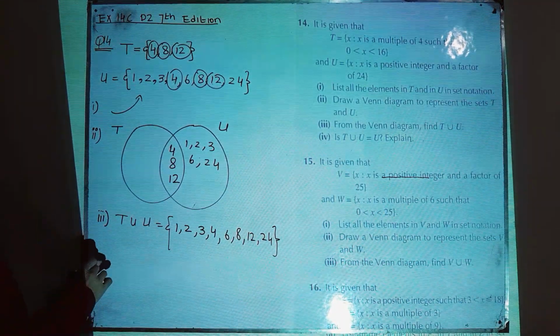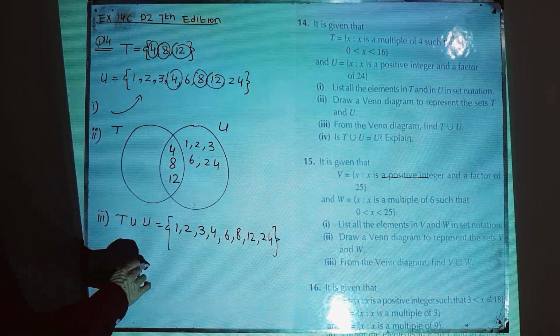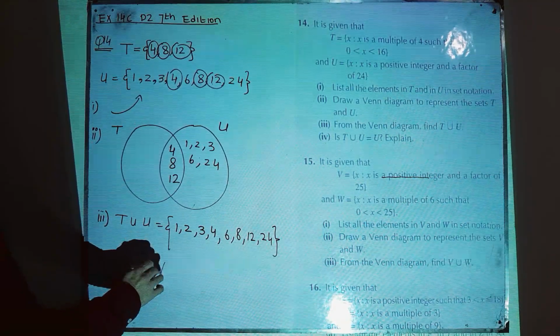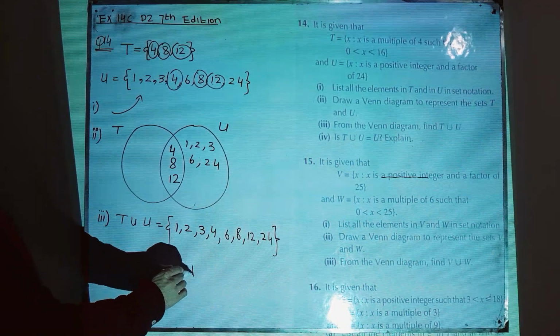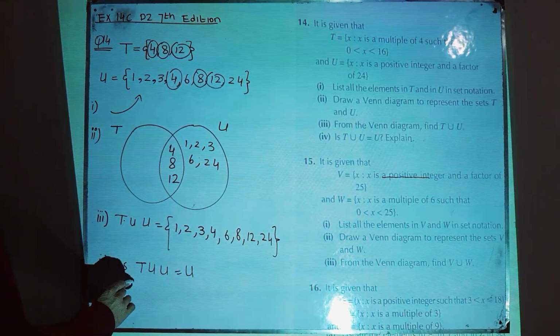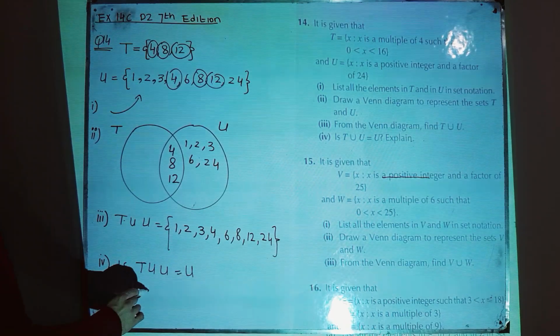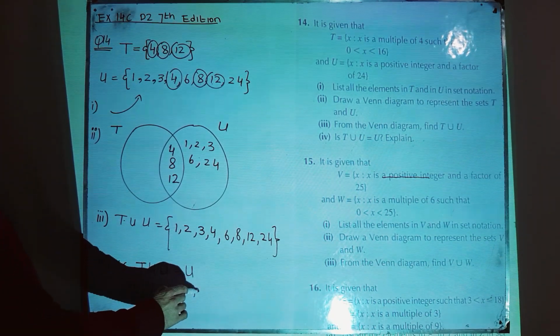And part number 4 from the same question is T union U is equal to U. Okay, what is the answer for T union U? T union U is this in front of you, 1, 2, 3, 4, 6, 8, 12, 24.